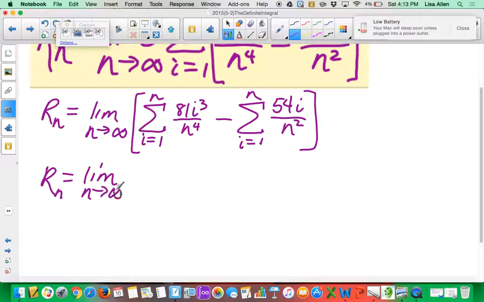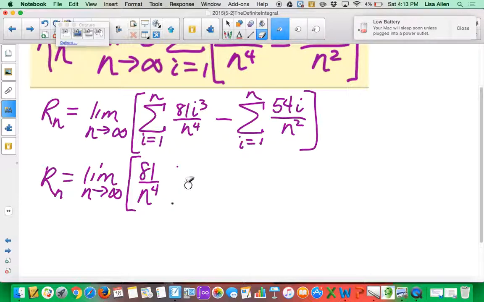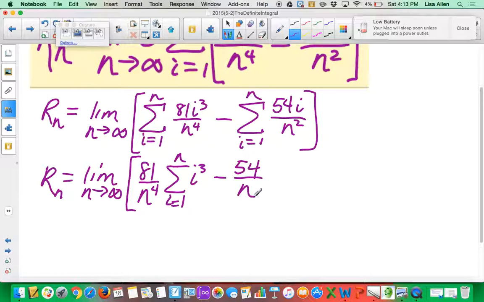So the limit as n approaches infinity of, still in this big grouping, 81 over n to the 4th times the summation from i equals 1 to n of i cubed, minus 54 over n, pull that constant out front, times the summation from i equals 1 to n of i. Okay?